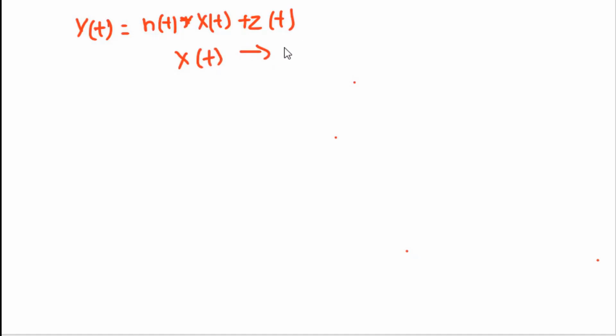In the question you are given y of t is equal to h of t convolution with x of t plus z of t, where x of t has PSD S x of f equal to 5 watt per hertz.